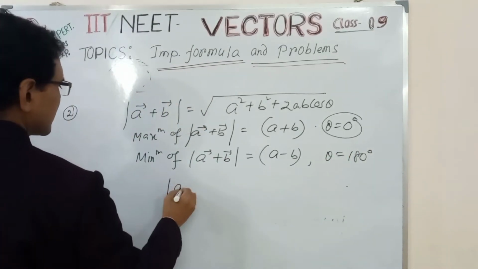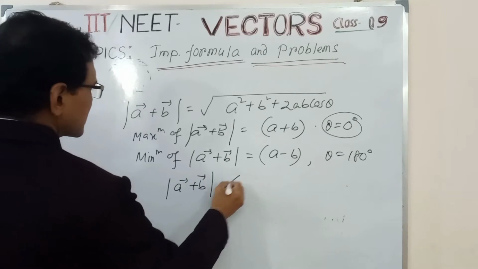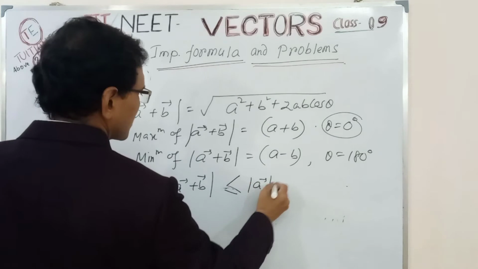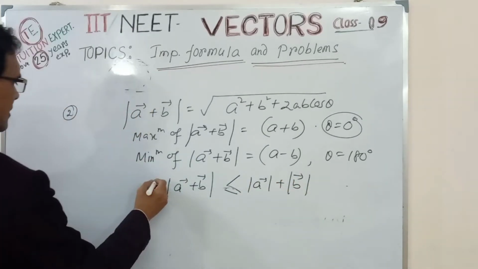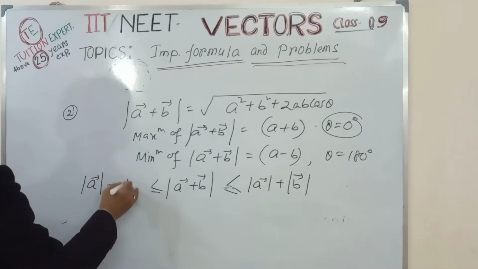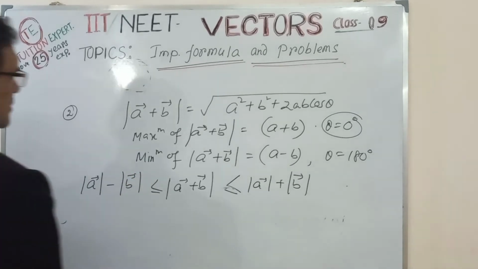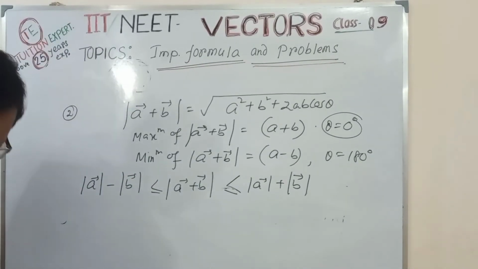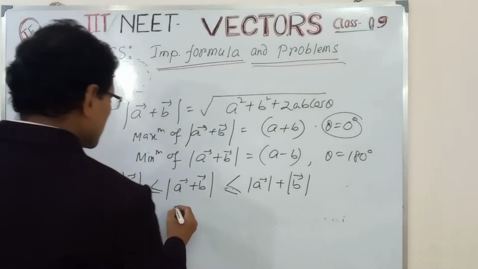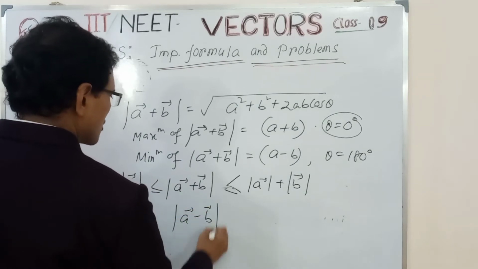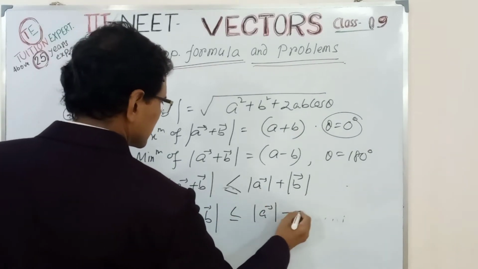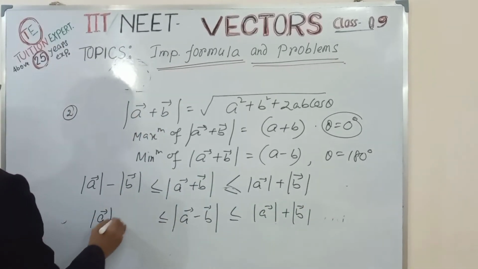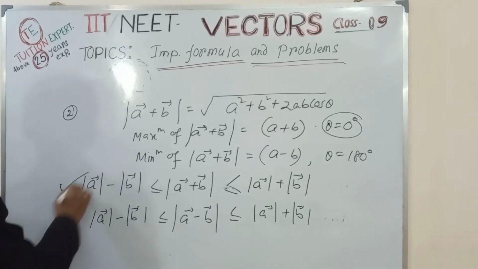So we can write a plus b less than or equal to this. Similarly a minus b also this. These are two formulas.